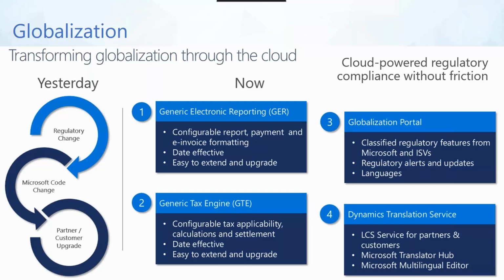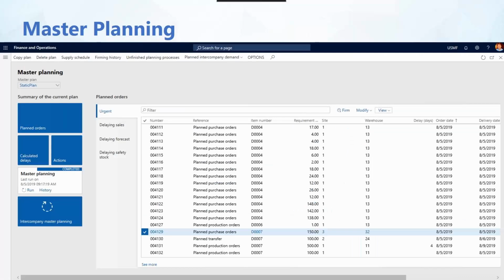So let's take a look at a little bit of the access into finance and operations. Big thing here, again, in the flow of this, is talking about what products, how many, and where. One of the things the system can do, and this is just a look at one of the workspaces, the master planning workspace, is calculate what I need in terms of materials to support either my sales or my production work orders, those types of transactions.